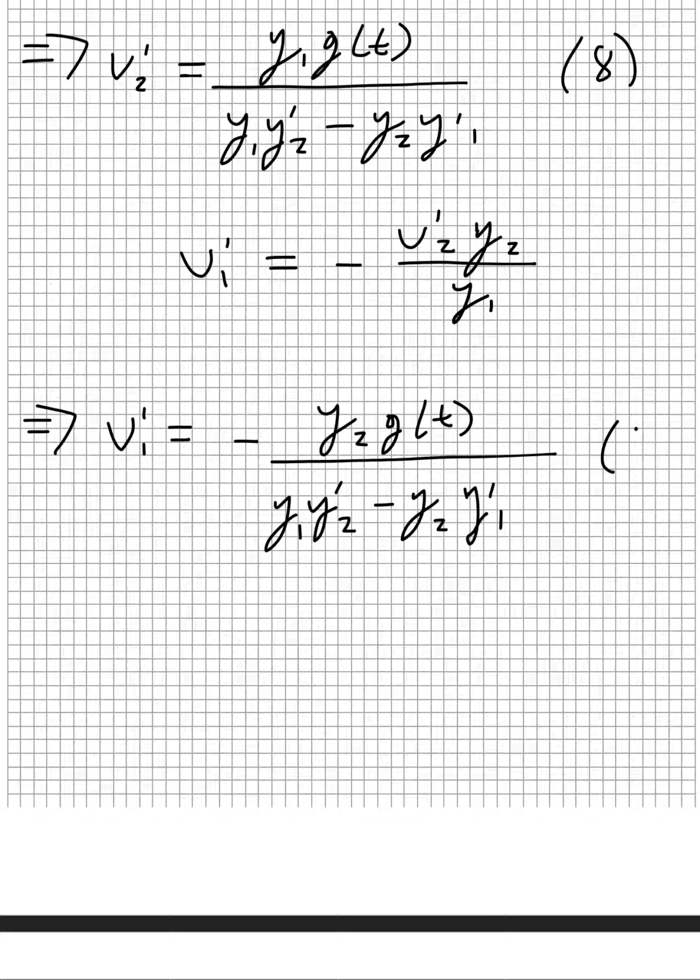Okay, and this will be equation 9. And that is the equation that's going to be very nice, along with equation 8. So equation 8 and equation 9 are both going to be very, very useful.